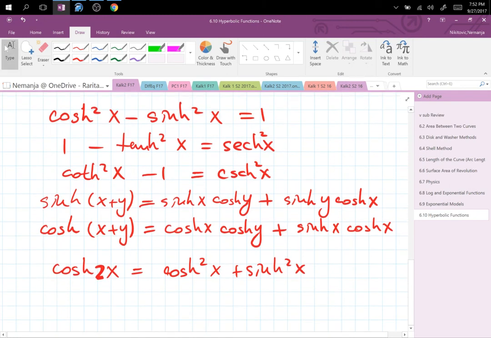When I saw this as a student, I just wanted to explode because, come on, you have sine squared plus cosine squared is 1, and you have cosine squared minus sine squared to be actually cosine 2x. These two formulas are actually swapped with trig. If you remove the h's, this result is that one, and this result goes there. So this is why it gets to be so confusing.